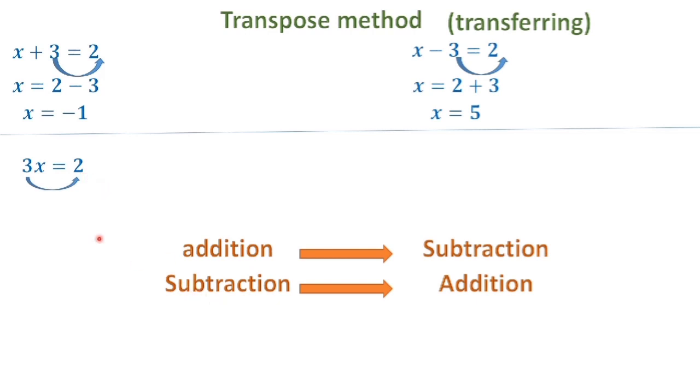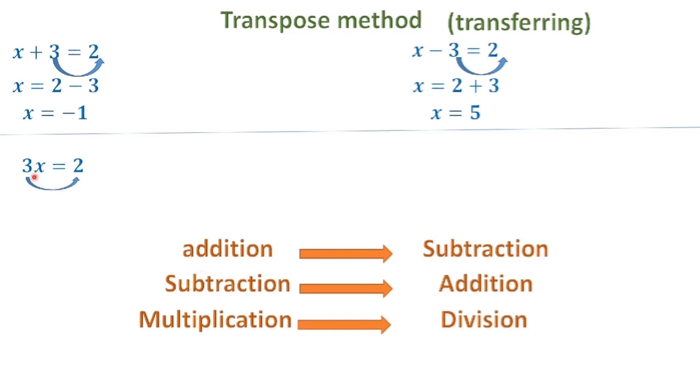It is multiplication with the variable, 3 into x, so the multiplication changes to division. So x is equal to 2 divided by 3. Multiplication changes to division. So the value of x is 2 by 3.